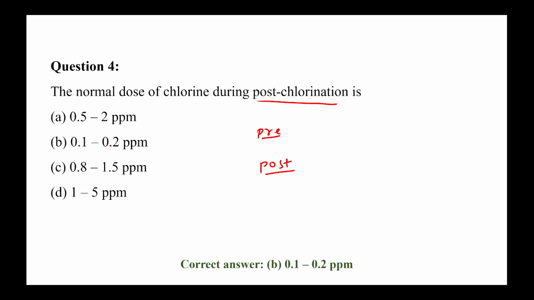So for post chlorination, we need a very low amount of chlorine. If we do pre chlorination, we will need a lot higher amount of chlorine than what we need for post chlorination. So 0.1 to 0.2 ppm is a very small amount of chlorine that is required if we are doing chlorination after all the water treatment steps.